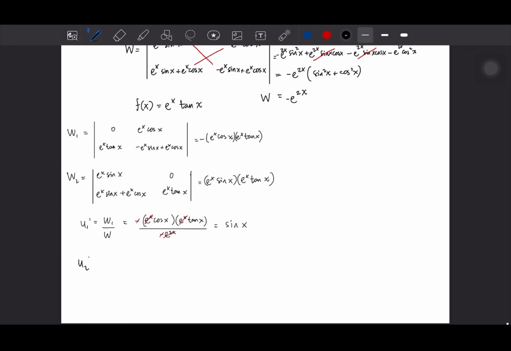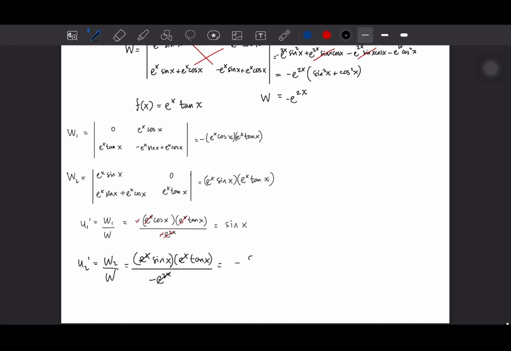And then u2 prime is W2. So e^x sin x, e^x tan x divided by negative e^2x. So we have a negative now. So sin x tan x, this will be sin squared x over cos x.